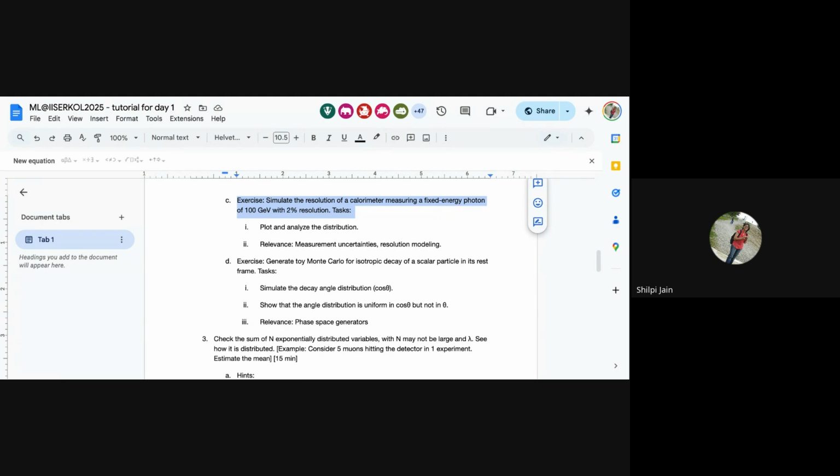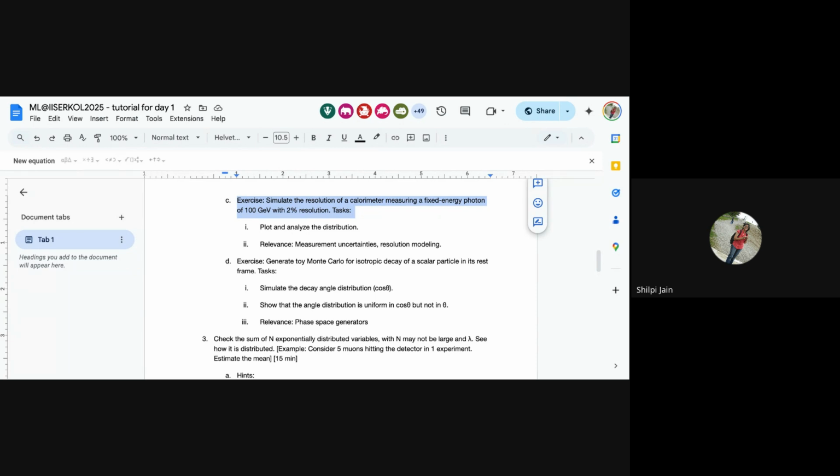Because the detector has a finite resolution, coming from its inherent noise, maybe a limited number of photostatistics if it generates scintillation photons, or multiple other reasons. So if you shoot 100 GeV photons, it will sometimes be detected with an energy of 95 GeV, sometimes 105 GeV, or 101 GeV. So it will have a distribution, and let's say the spread is 2%, meaning 100 GeV with a 2 GeV spread.